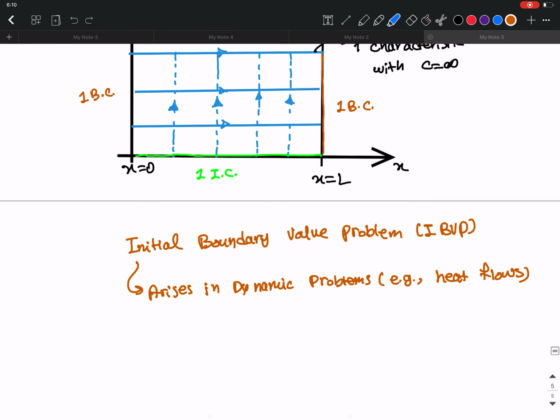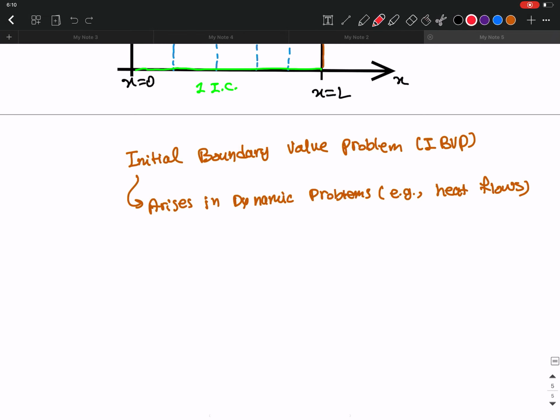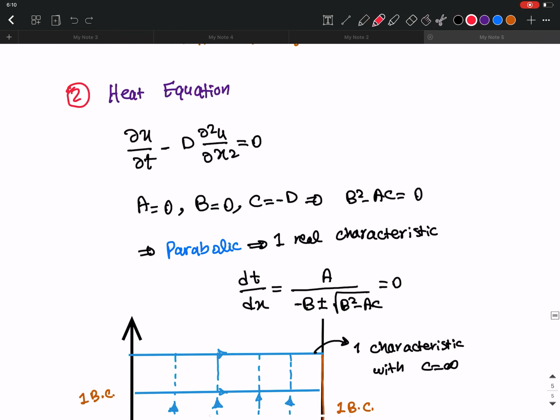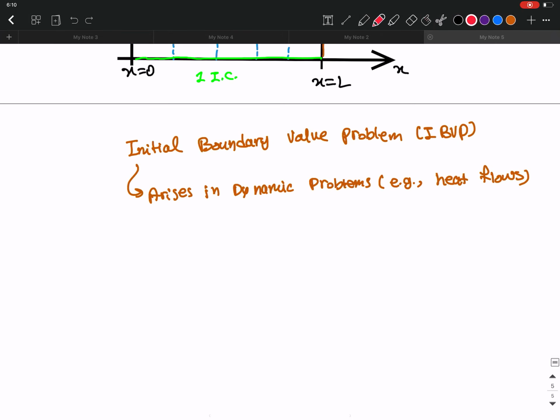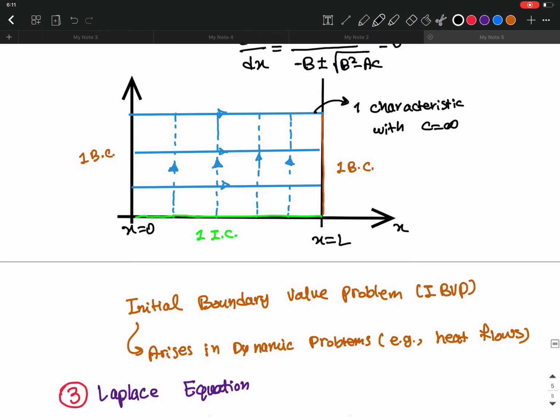Okay, so now let me go to the third type of canonical model that we talked about, and that is the Laplace equation.